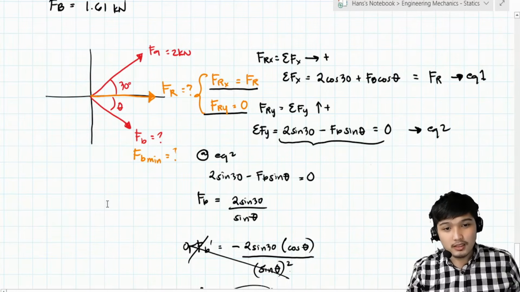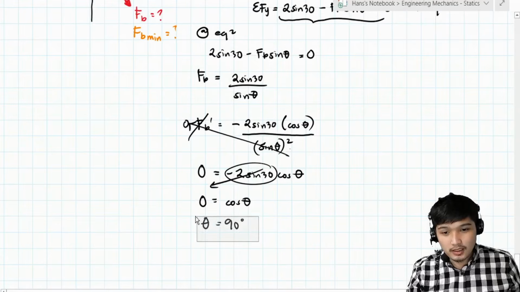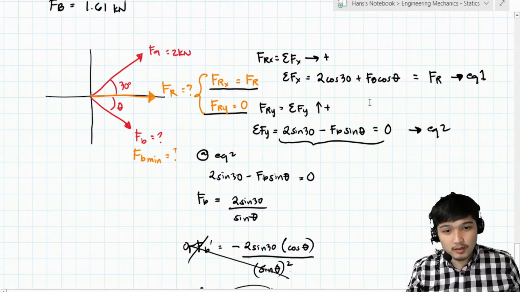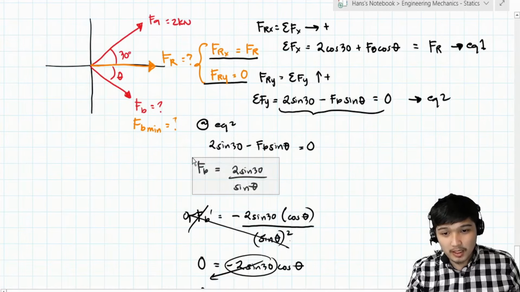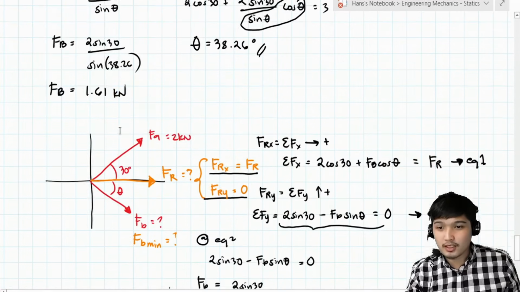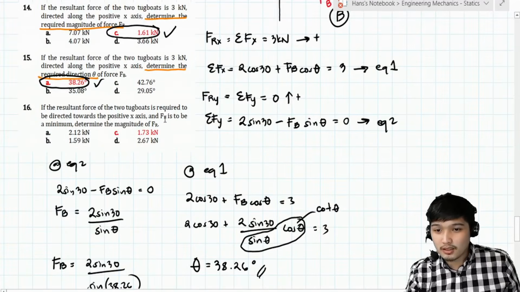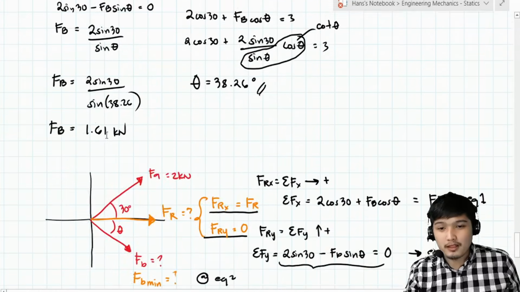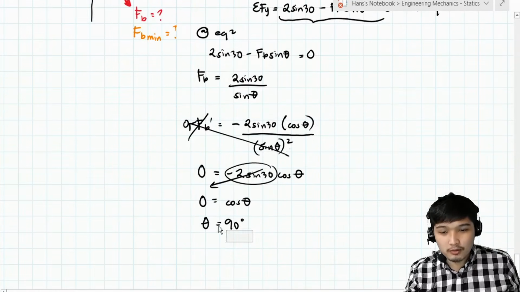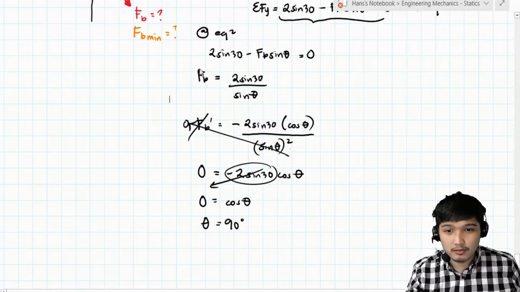Okay? So, kung 90 degrees yan, pwede ko nang gamitin siguro tong balikan para makuha yung FB. Okay lang ba yan? Kasi ang tinatanong pala yung FR, no? So, kung meron na akong theta na 90 degrees, ano yung minimum value nung FB?